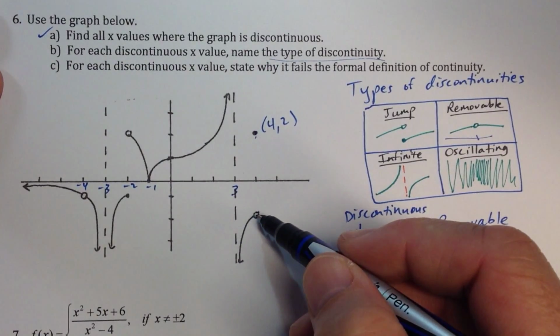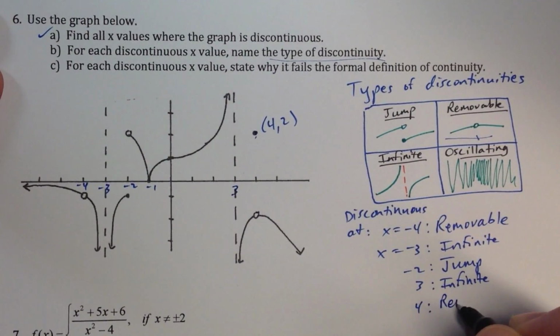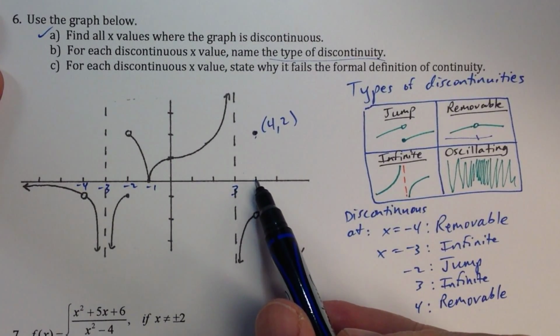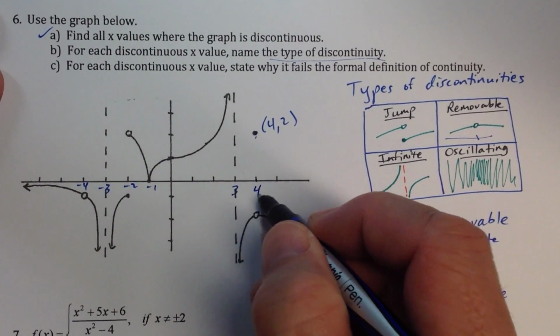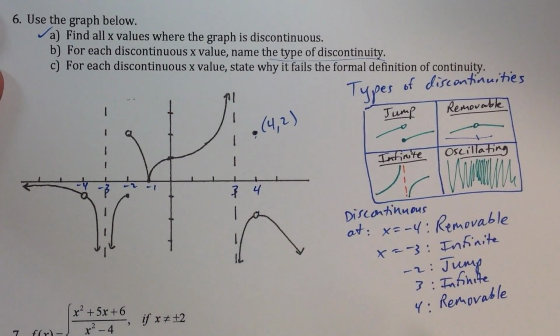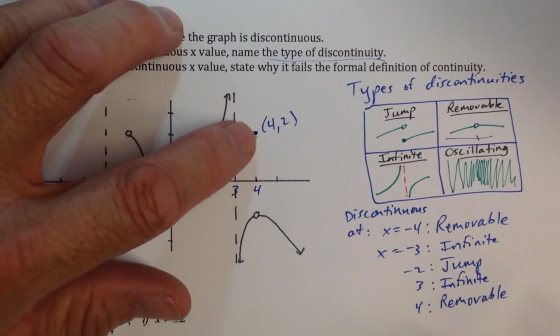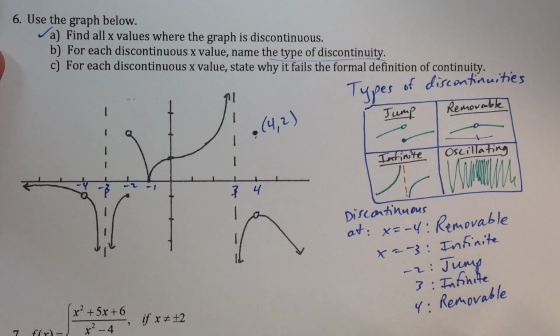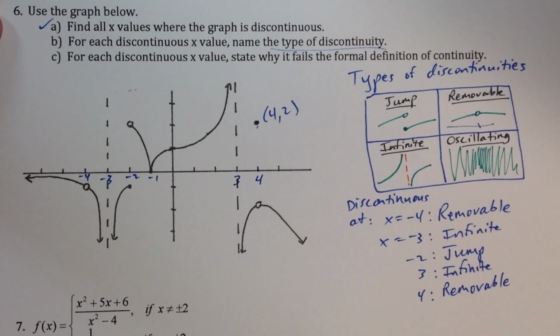If the limit exists, then we have a removable discontinuity. Whether or not the function is defined at that x value, it still is a removable discontinuity, because if that dot weren't there and it were placed right there in the open circle, then we would be removing the discontinuity. And I know this is all brand new stuff, so hang in there with the terminology.